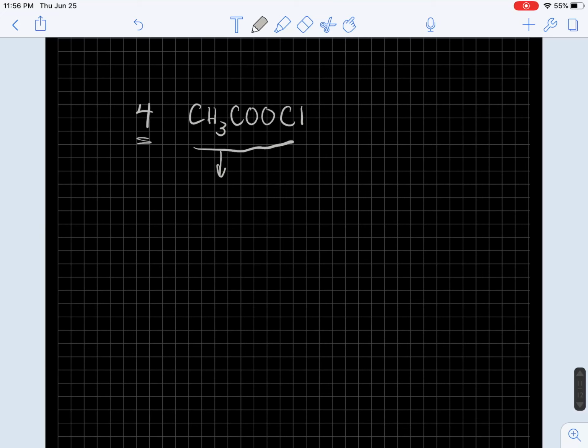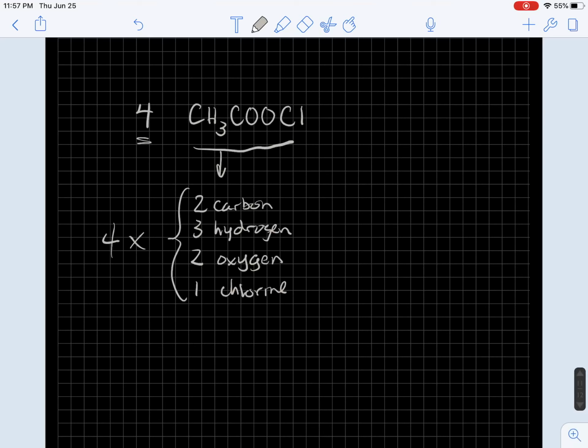In the molecule, I have 2 carbons. That last one is not a carbon. That's C with an L. That's chlorine. So I have 2 carbon atoms. I have 3 hydrogens. And I have 2 oxygens next to each other. Sometimes they write it that way in organic chemistry. And then I have a chlorine at the end. 1 chlorine. And then what I'm going to do, since it has a coefficient of 4, is I'm going to take all of this and I'm going to multiply it by 4.